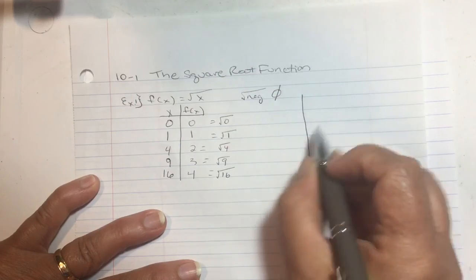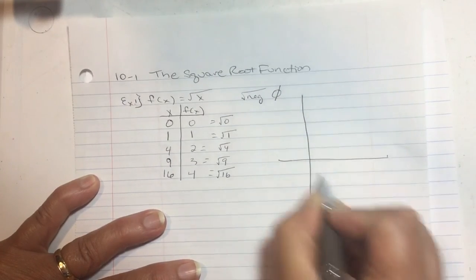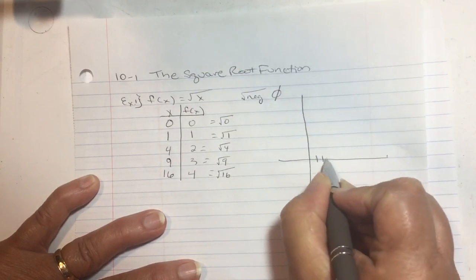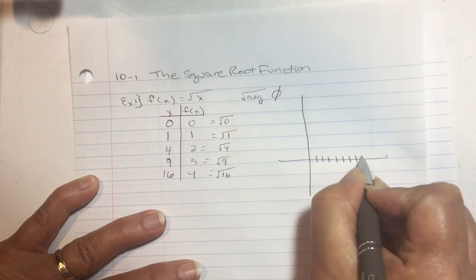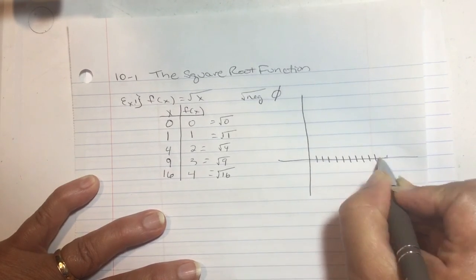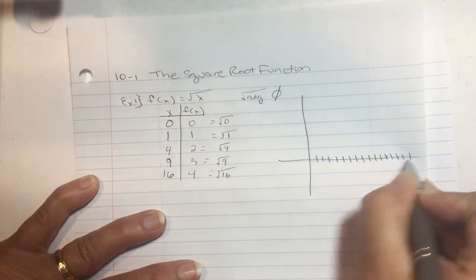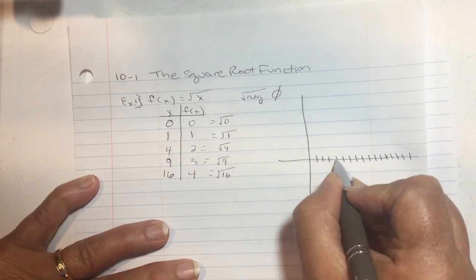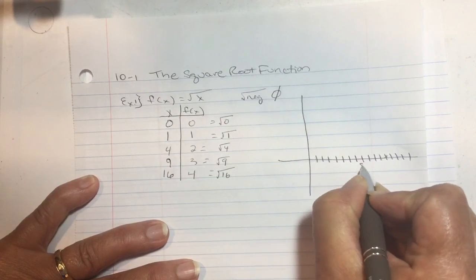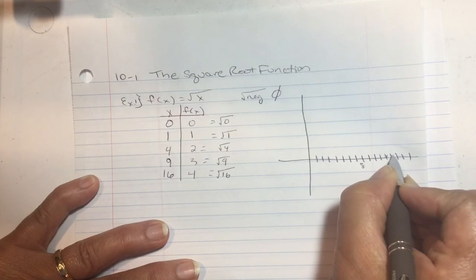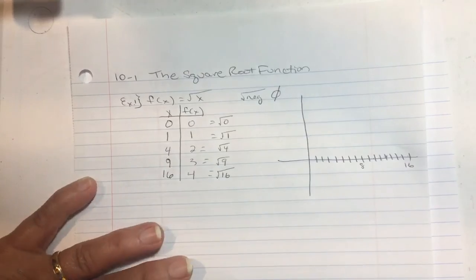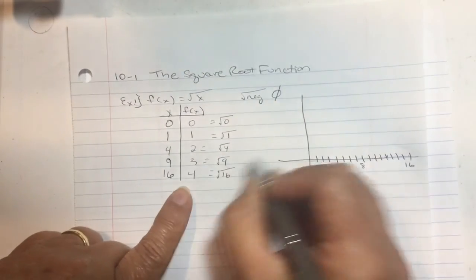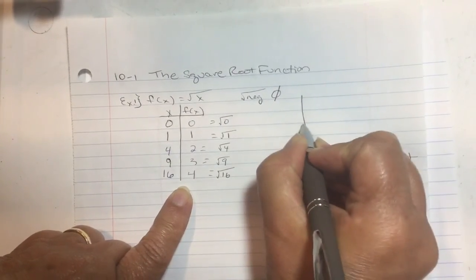In this case, my domain and range are going to be positive numbers. So when I graph it, I really only need this first quadrant over here. By the nature of what I picked, I needed to go out to 16. And my y values, I only need to go up to 4.